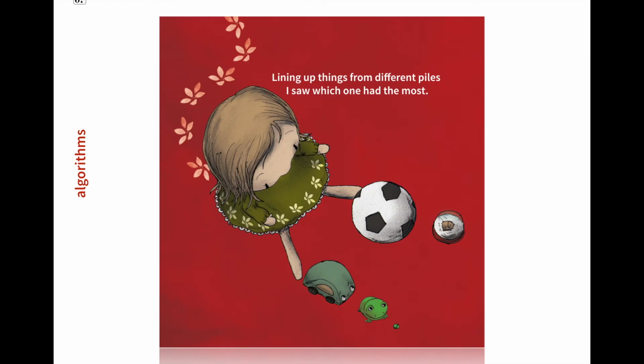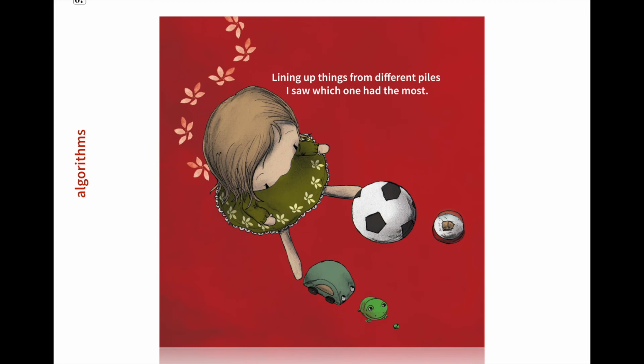So one thing you can do if you are faced with two piles of things that have almost the same number of things in them, so that the relative difference is small and it's hard to tell which one has the most things, is to line these things up. So you take one thing from one pile and one thing from the other pile and put them in the same position next to each other, and then you continue to do so and line the things up.